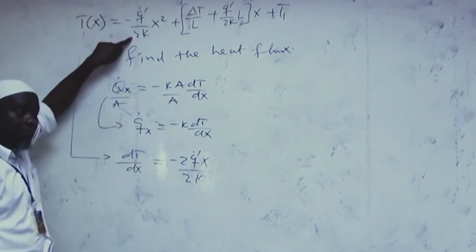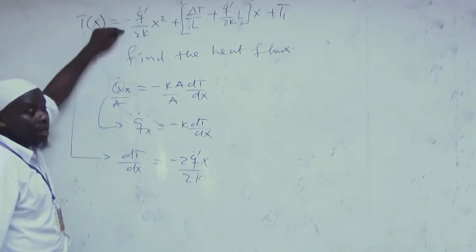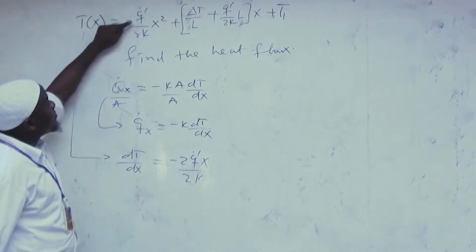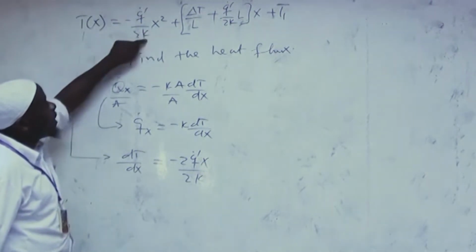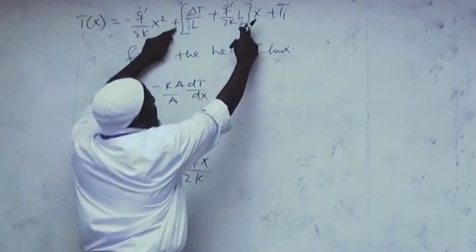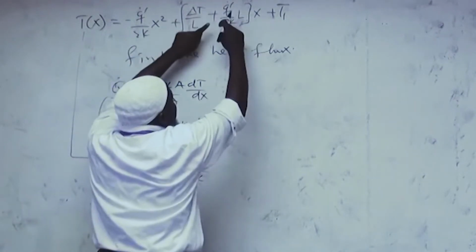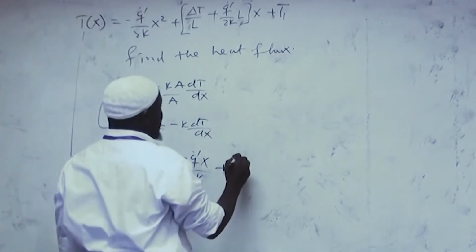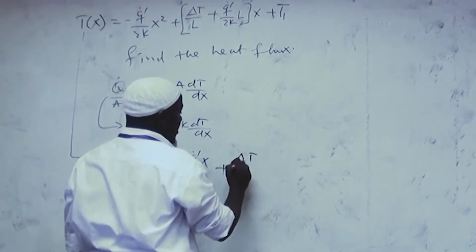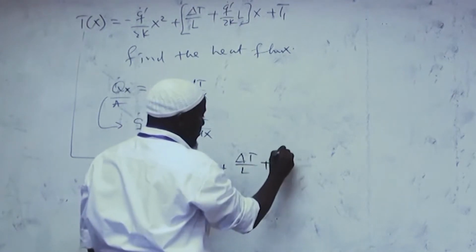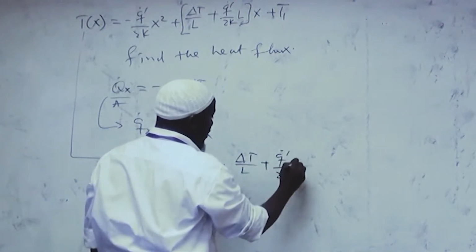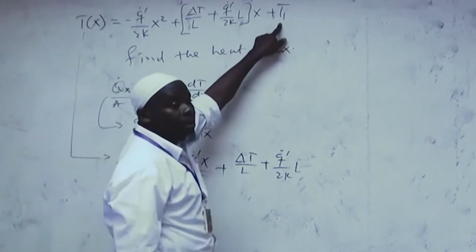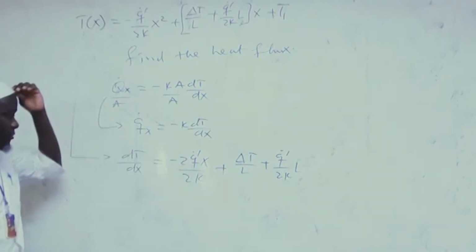You agree with me? I'm differentiating this with respect to x. And if I differentiate the whole of this, the whole of this is a constant, so I differentiate with respect to x, it's the same. So I'll have delta T divided by L plus q divided by 2k times L. Okay, so then this is 0. So this is the final solution.